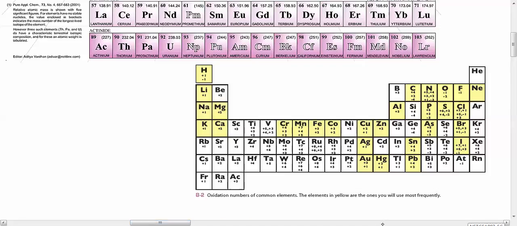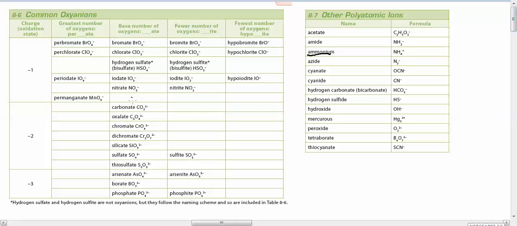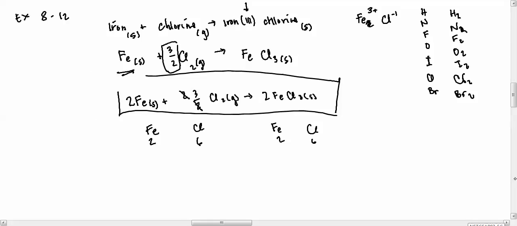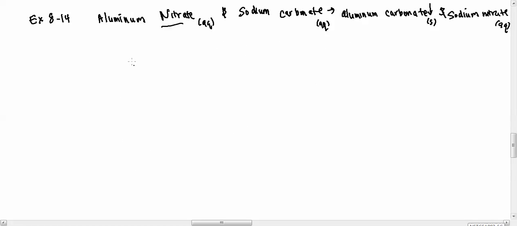So nitrate was NO3 with a -1, and my aluminum has an oxidation number of +3. So in essence, I need 3 of these NO3s to balance out with this one Al. So I have Al and NO3, 3. All right, I'm done there.